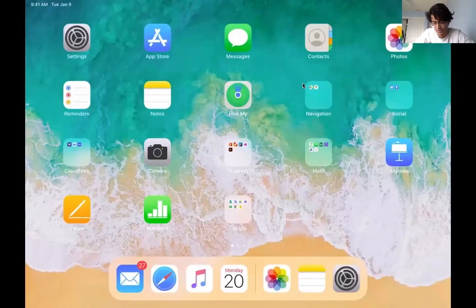Do you all see a blank screen? Is it black? Yeah, it's black. It's weird. Oh, there we go. Okay.